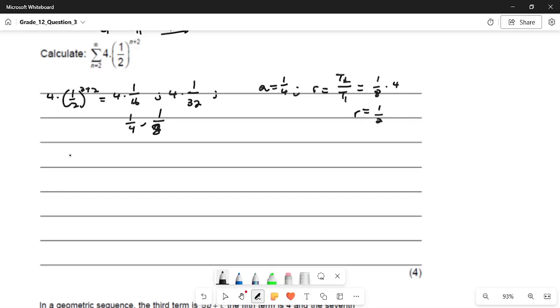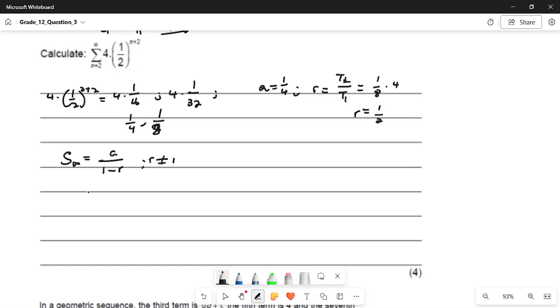So the formula that we'll use to find the sum to infinity is a divided by 1 minus r, where r is not equal to 1. We know what our value of a is, and we know what our r is.